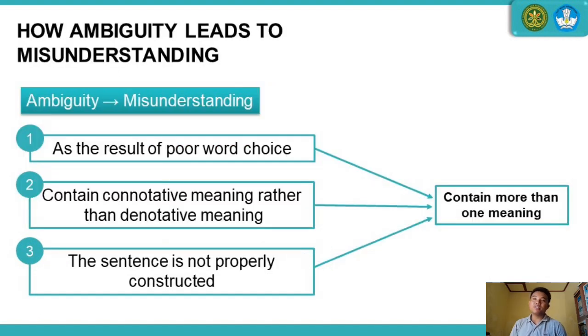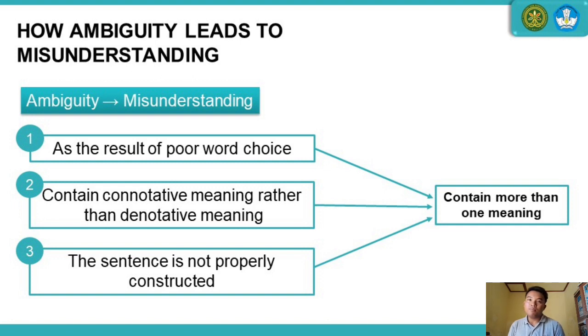Now we are going to discuss how ambiguity leads to misunderstanding. As I mentioned before, there are many interpretations of meaning caused by ambiguity itself, which can lead to misunderstanding. Here are several reasons. The first one is poor word choice, because we couldn't choose the precise diction that can be understood, so there are many interpretations, or the listener is unable to understand the meaning of what we conveyed.